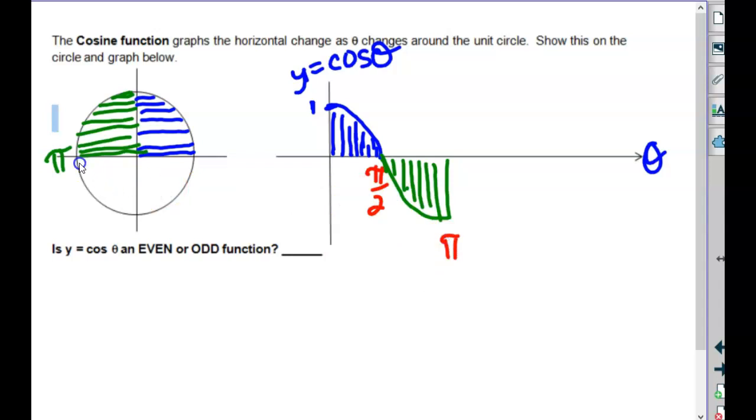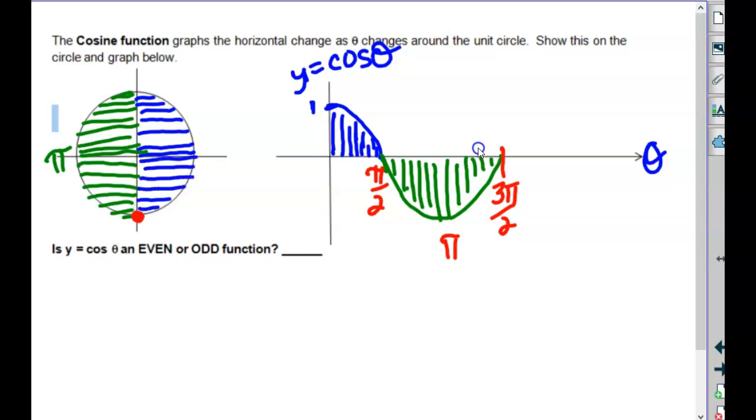Then it's still negative, but it's getting what? Shorter. I did a little bit better job with those sticks. And what is that point where it changes here? 3 pi over 2. And what does it change to? The x values are now short, but they are positive and getting longer.